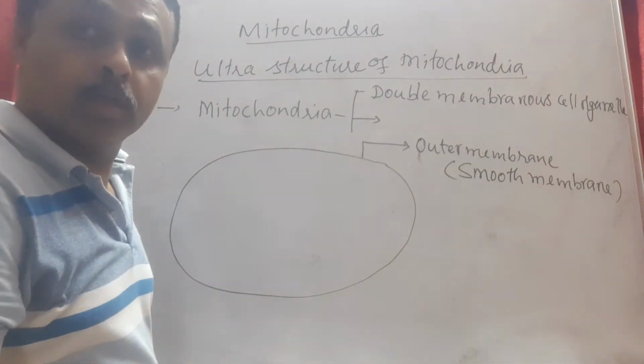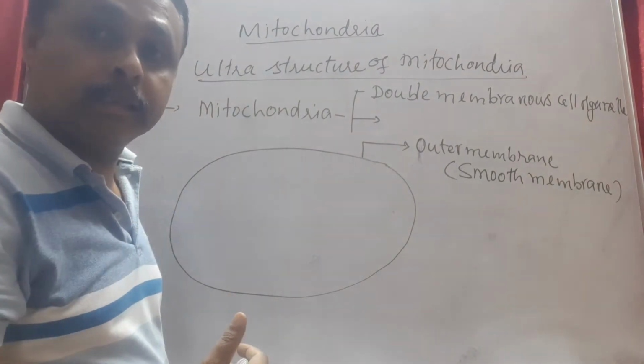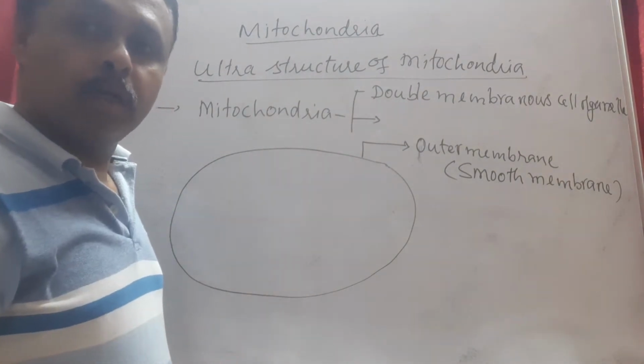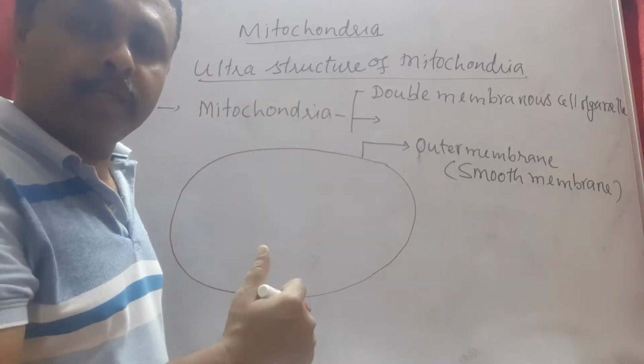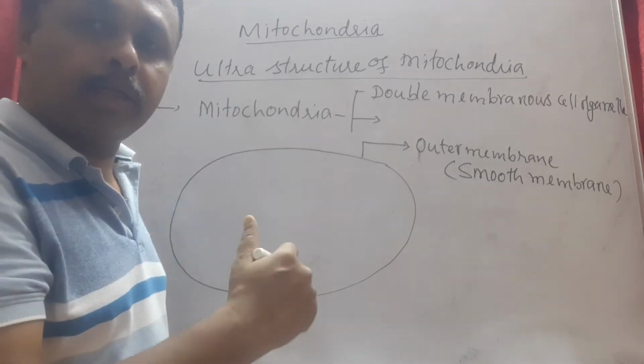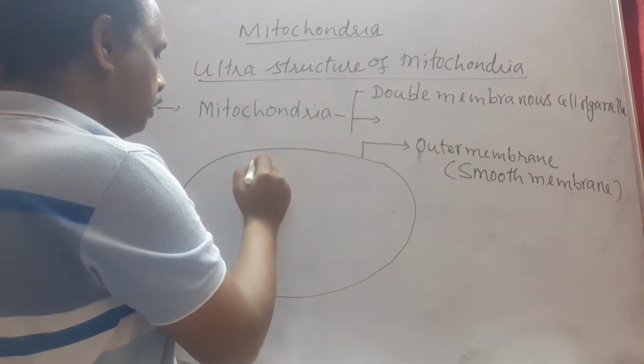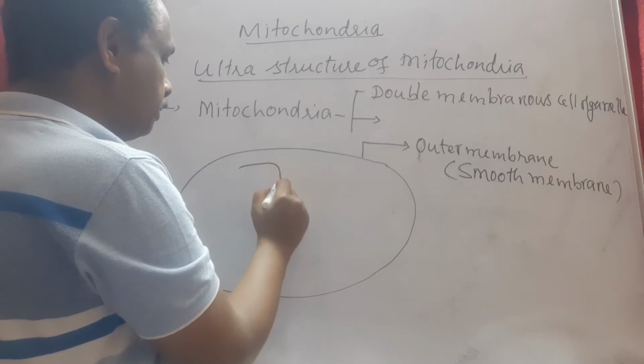It shows tubular infoldings into the matrix, or invaginations into the matrix. Those tubular infoldings or invaginations into the matrix are named as cristae.